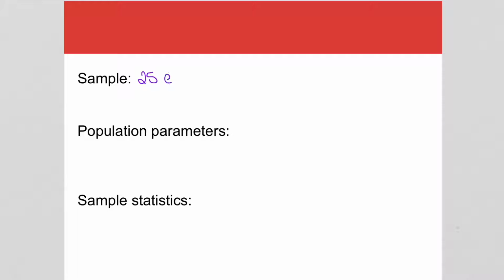That's the sample. The population parameters is what we're trying to measure, and that is the average levels of pesticide residue on corn in the county.